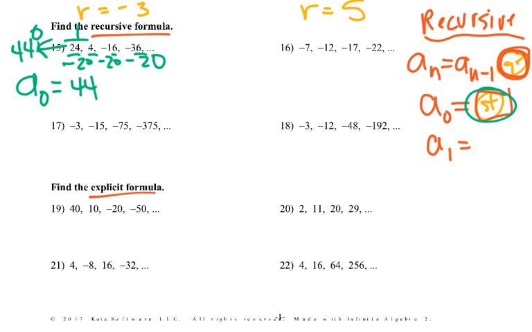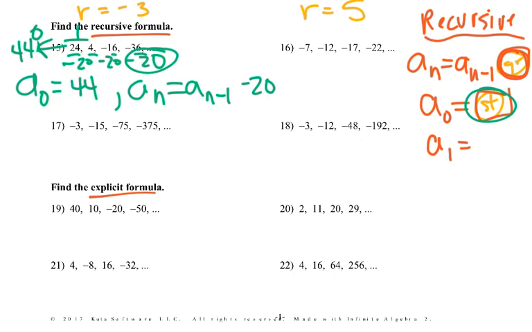Then the growth would be minus 20, so I'd go a sub n equals a sub n minus 1 minus 20. Okay, and that n minus 1 is a subscript of the a, as well as that n right down there. Okay, and you have to have both pieces.